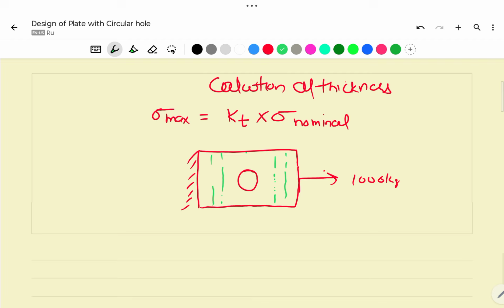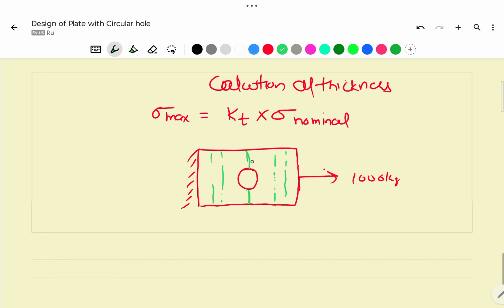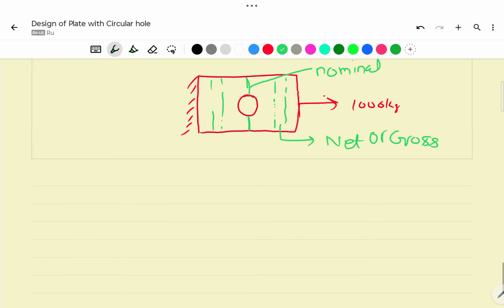Nominal is the region with the cutout. This is the nominal, or we use the term net or gross region. Nominal multiplied by KT will give the maximum stress value.